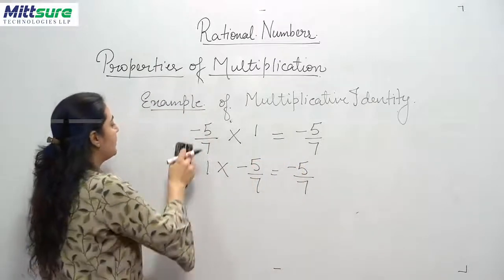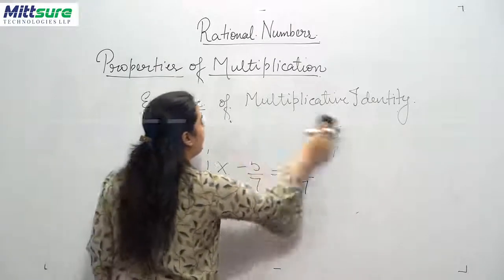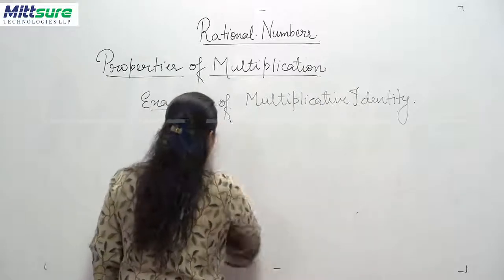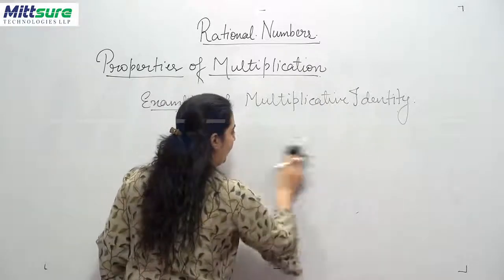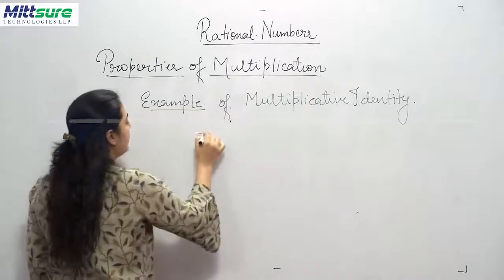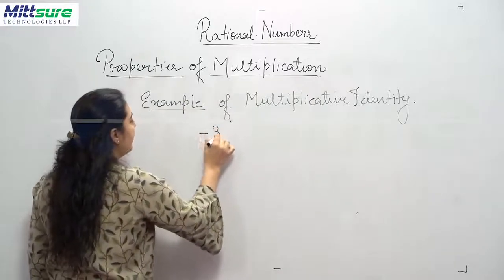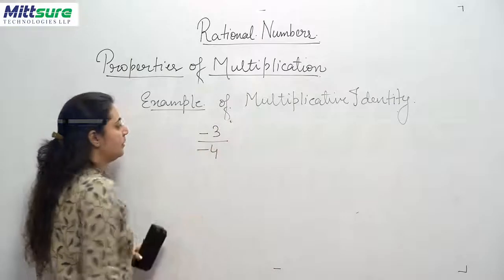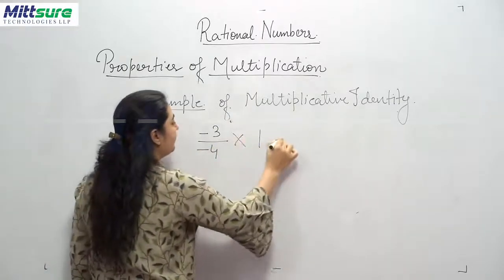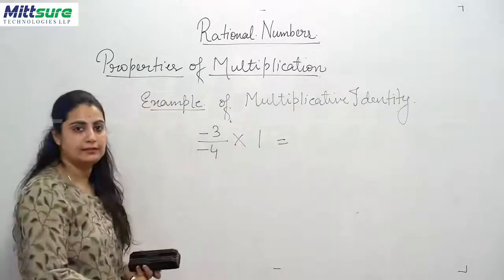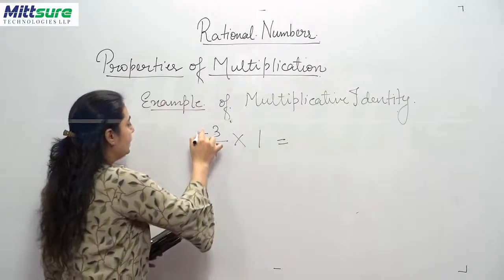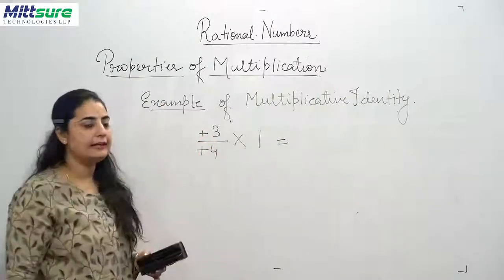Now if suppose I take another rational number, that is minus 3 upon minus 4 multiplied by 1. What are you going to get in this case? First of all, negative sign got cancelled with the negative sign.